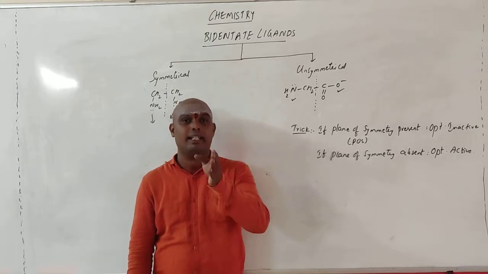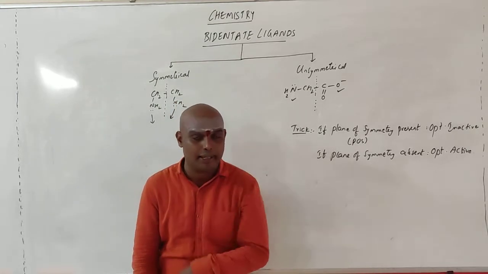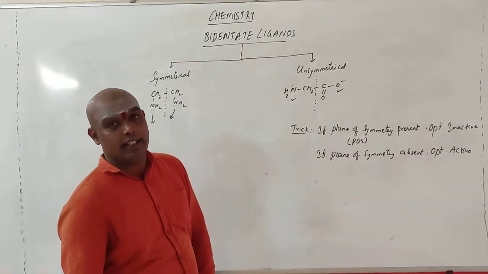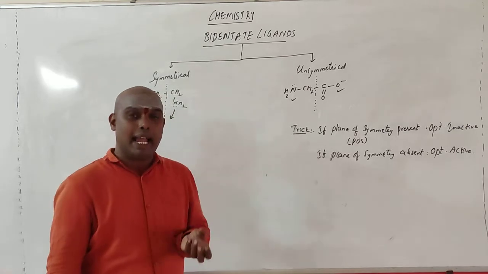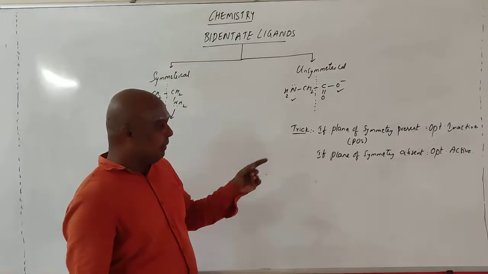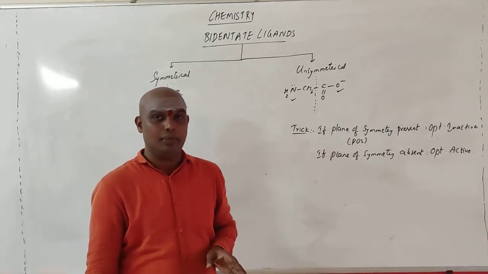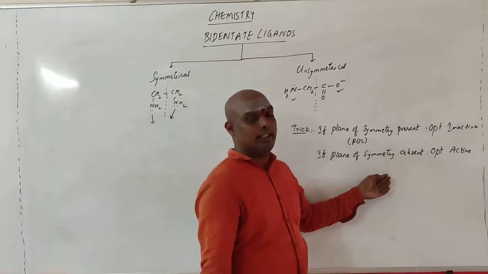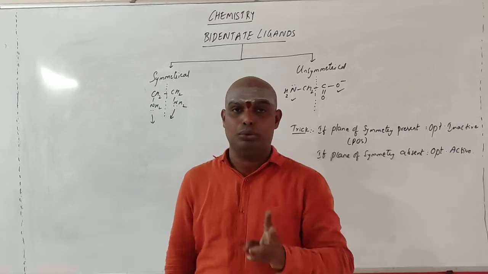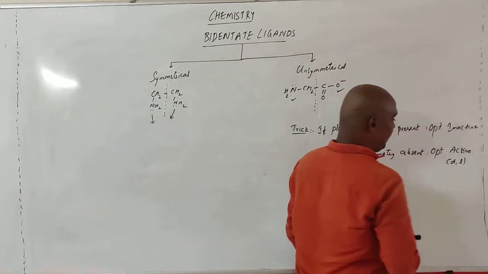If the imaginary line cuts the molecule into two unequal halves that are not the same, then it is called an unsymmetrical bidentate ligand. To find whether it is optically active or inactive, if the plane of symmetry is present, it becomes optically inactive; if absent, it becomes optically active. Optically active has two forms: dextrorotatory as well as levorotatory.